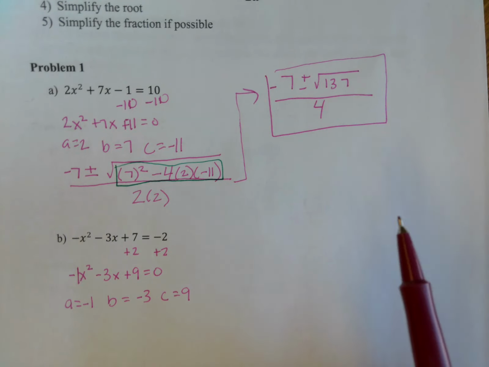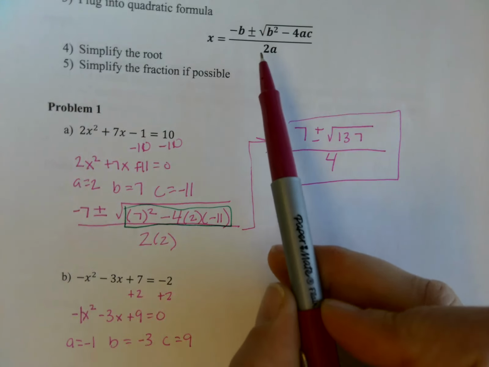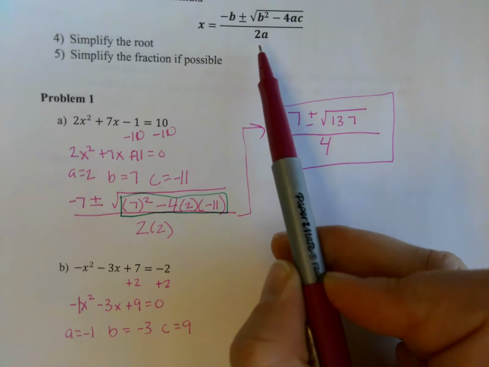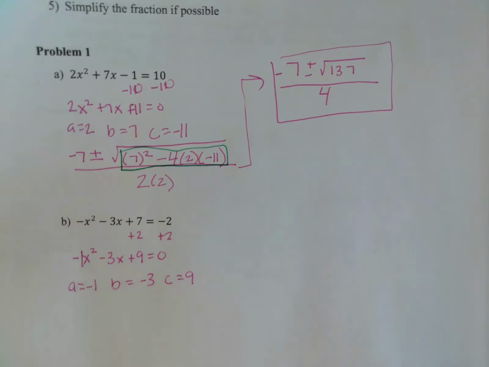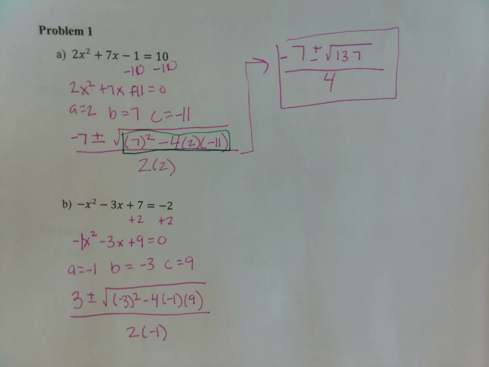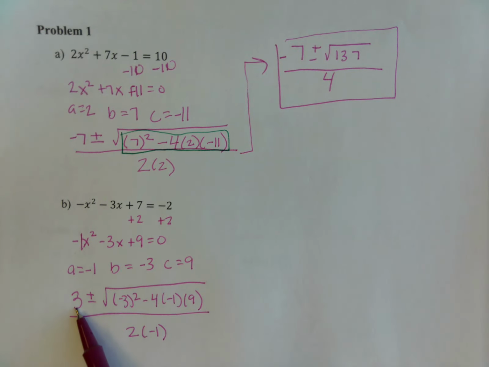I want you to try to plug into your quadratic formula by yourself. Pause the video, try to plug in the numbers just like this right here by yourself. Try to pause the video and do that by yourself now. So this is what it should look like when you plug in your numbers. Opposite b, so that's a positive 3 because it's opposite of this.